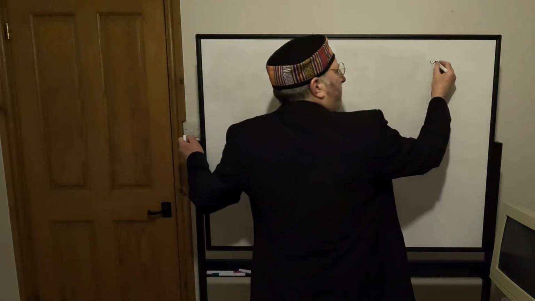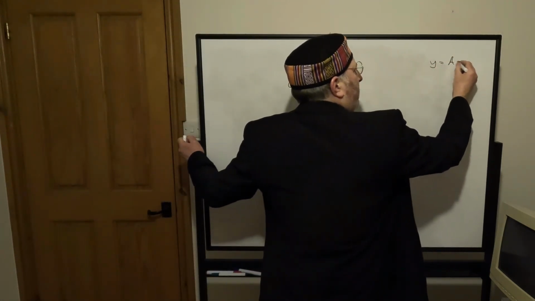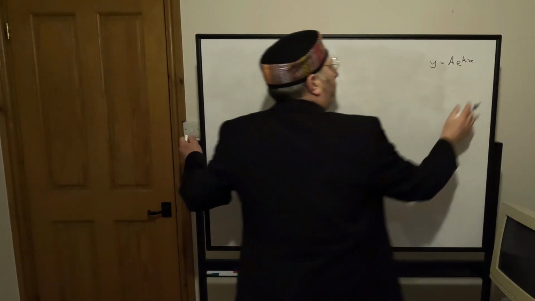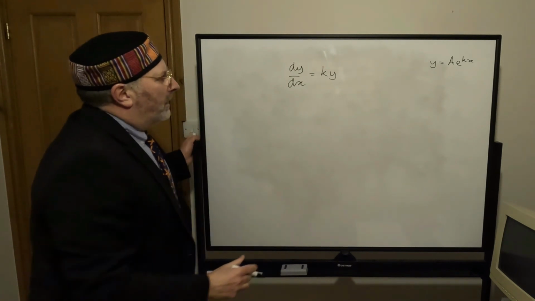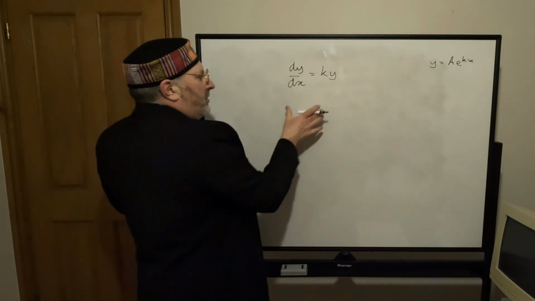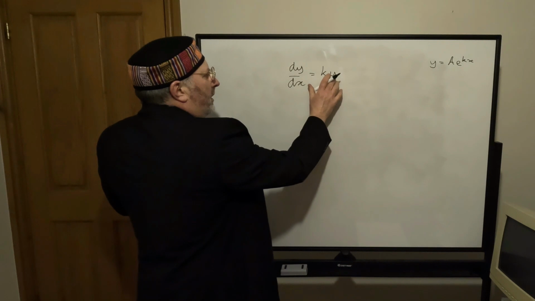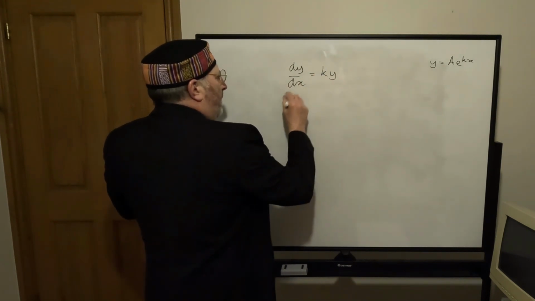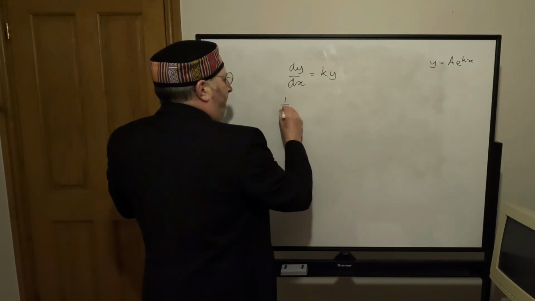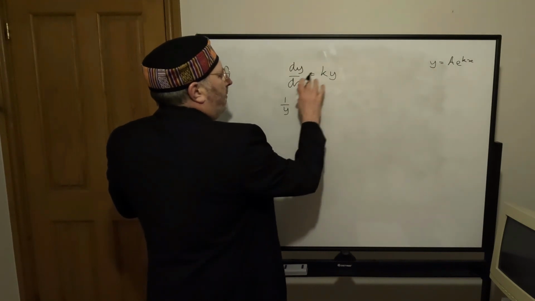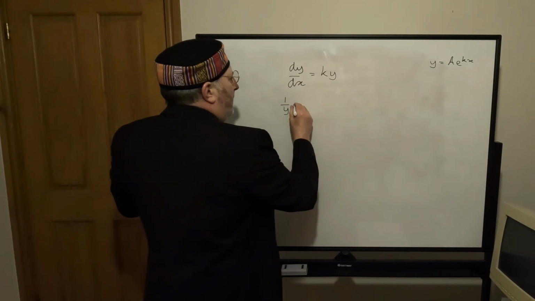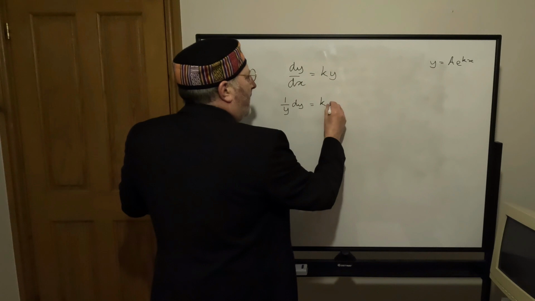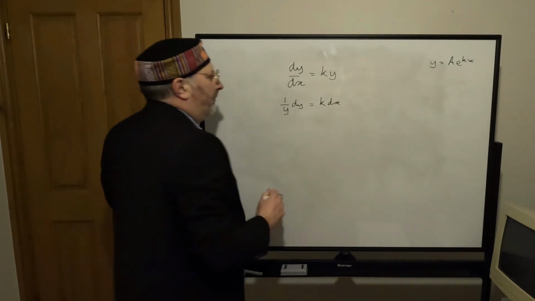We know that the equation that obeys that is y equals a e to the kx. And to solve this, we can rearrange a bit. We can multiply through by 1 over y, and we can also multiply through by dx. So we'll end up with 1 over y dy equals k dx.